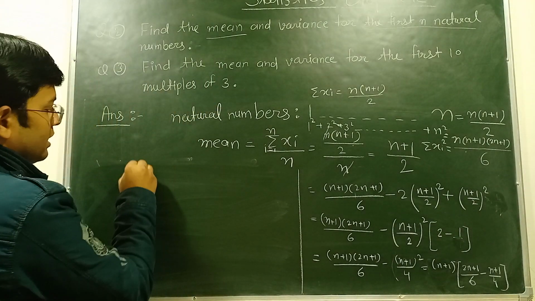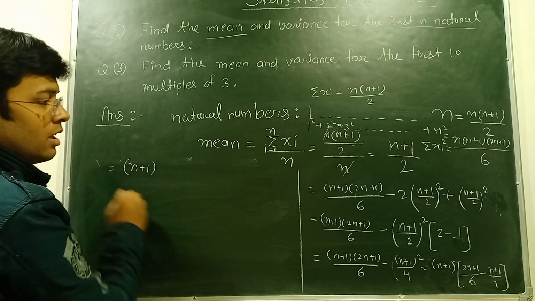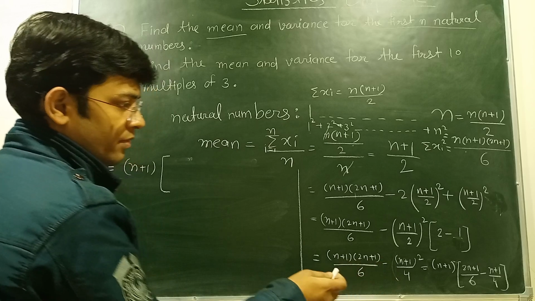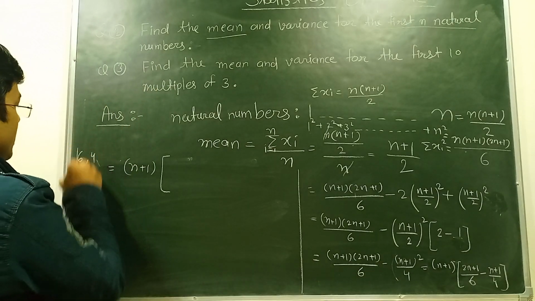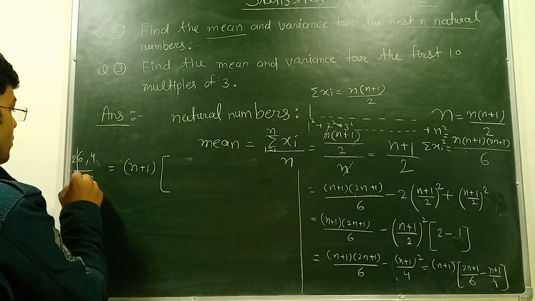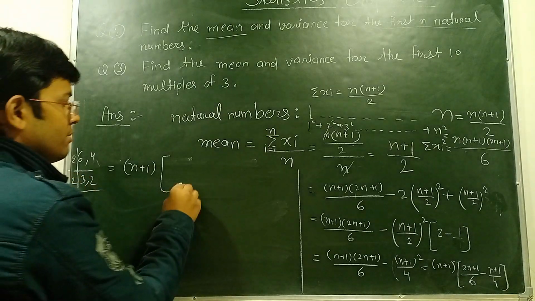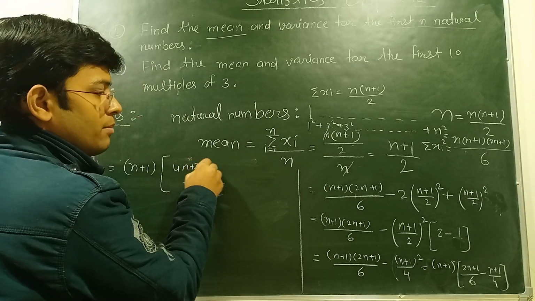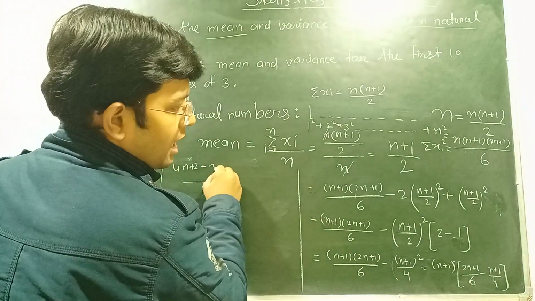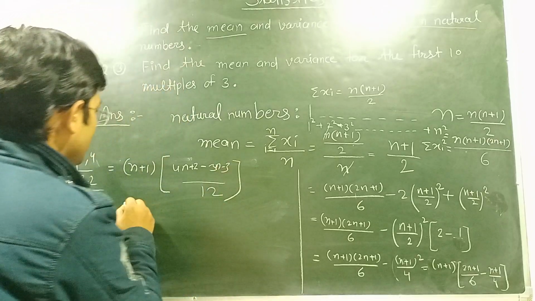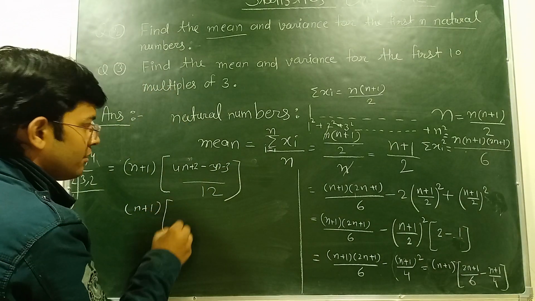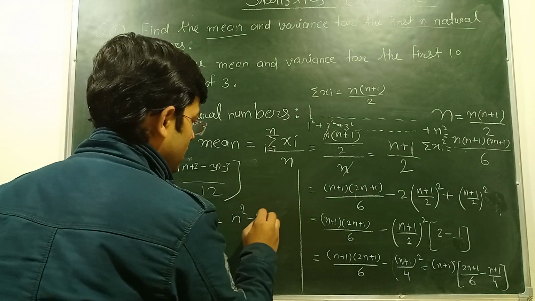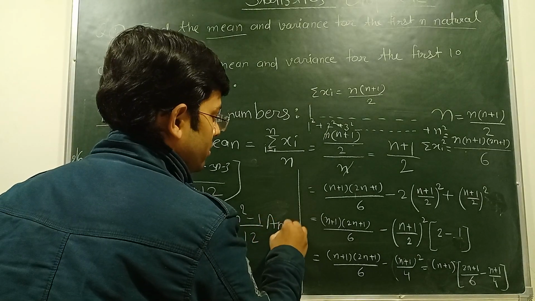So n plus 1, and 2n plus 1 upon 6, and 6 and 4, the LCM is 12. So 12 and 6 twos are 4n plus 2n, minus 4 threes are 3n minus 3. So n plus 1, 4n minus 3 and n minus 1 upon 12. So n square minus 1 upon 12 is the final answer of our question.